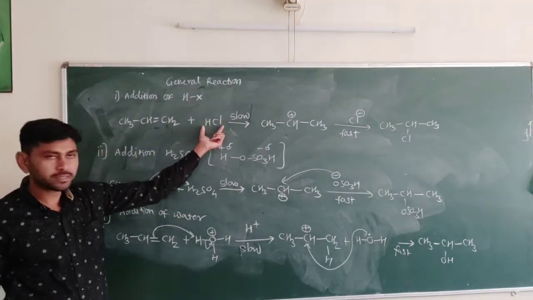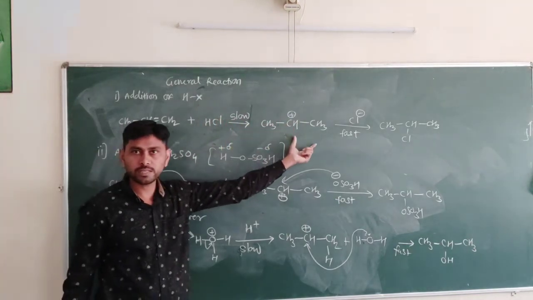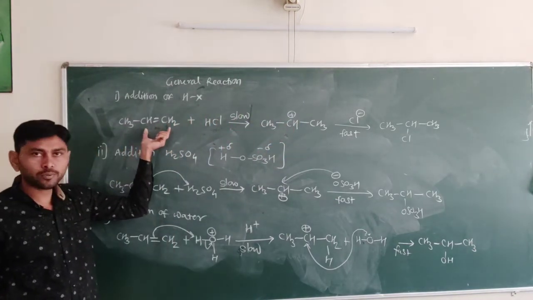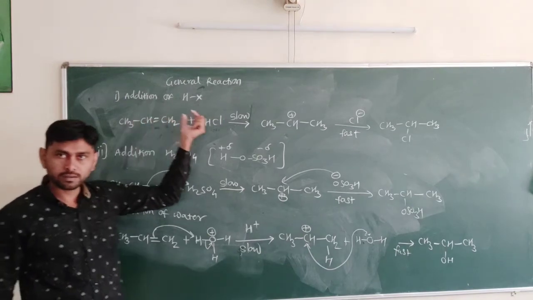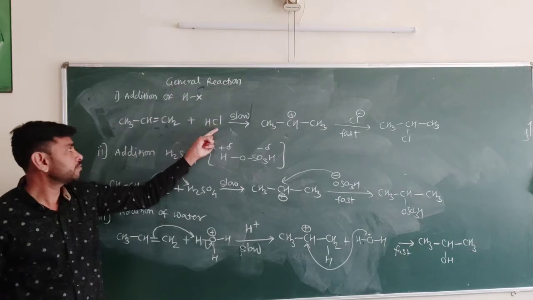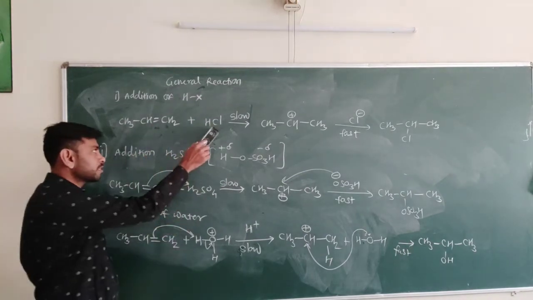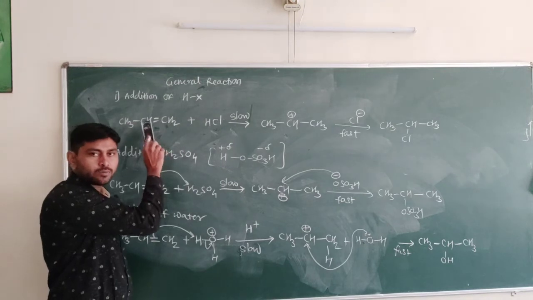If we increase the concentration of HCl, then the rate of reaction also increases. If we increase the concentration of propylene, then the rate of reaction also increases. So the rate of reaction is dependent on both factors, that is reagent as well as unsaturated system or alkene.